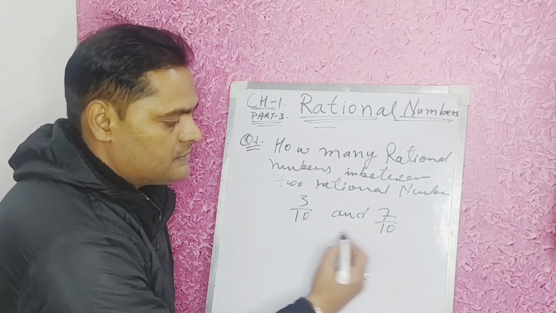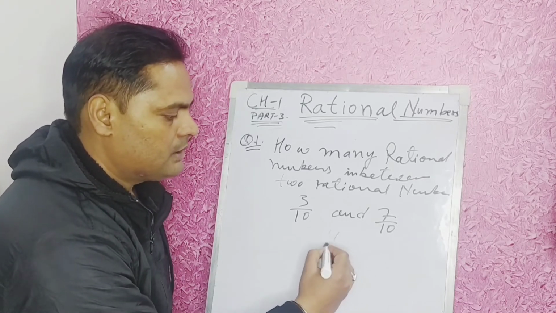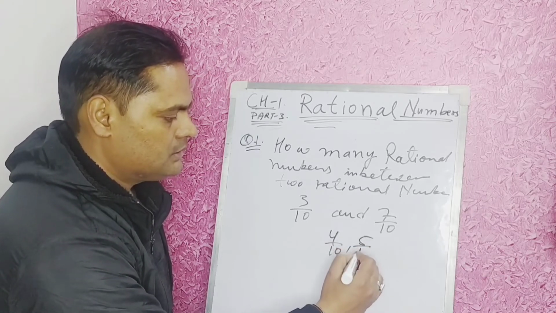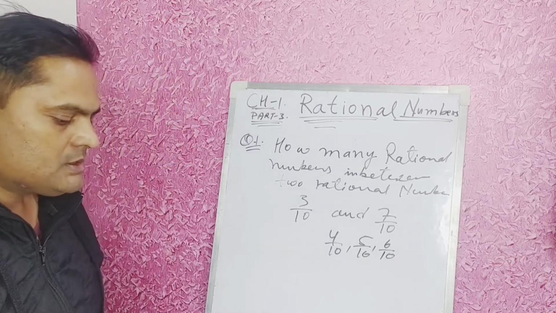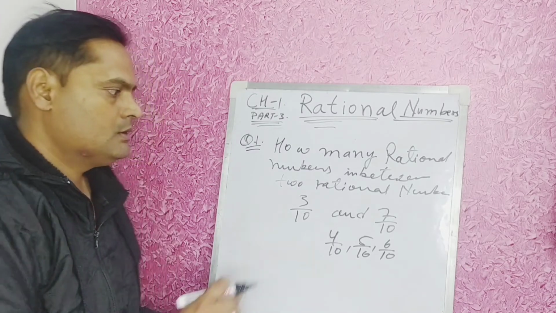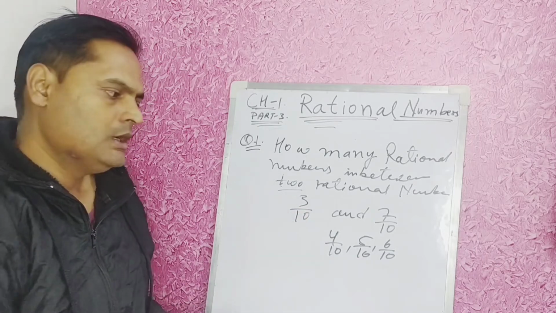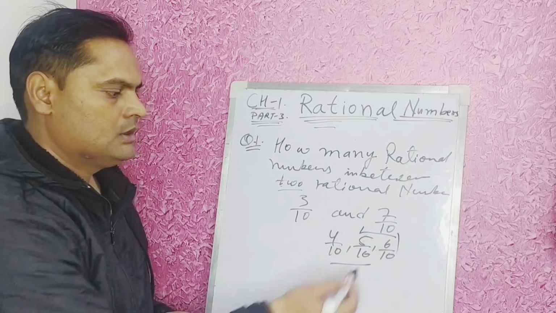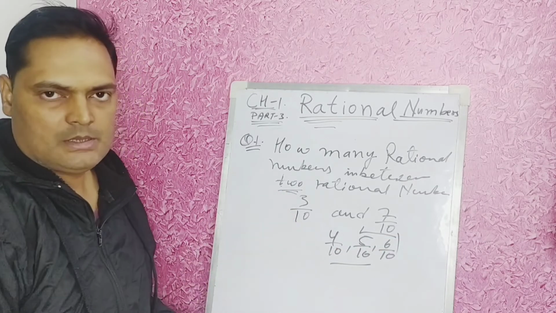It's very easy, I can do it on my own: 4 by 10, 5 by 10 and 6 by 10. These are the rational numbers in between. It's asking for 2, and I have found 3. You can write any 2, like this or this. Only 2 is required here, so just remember this.